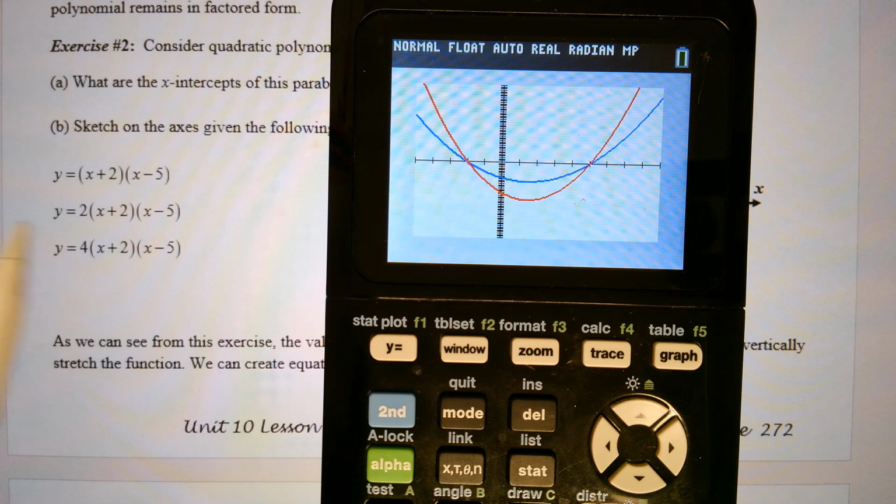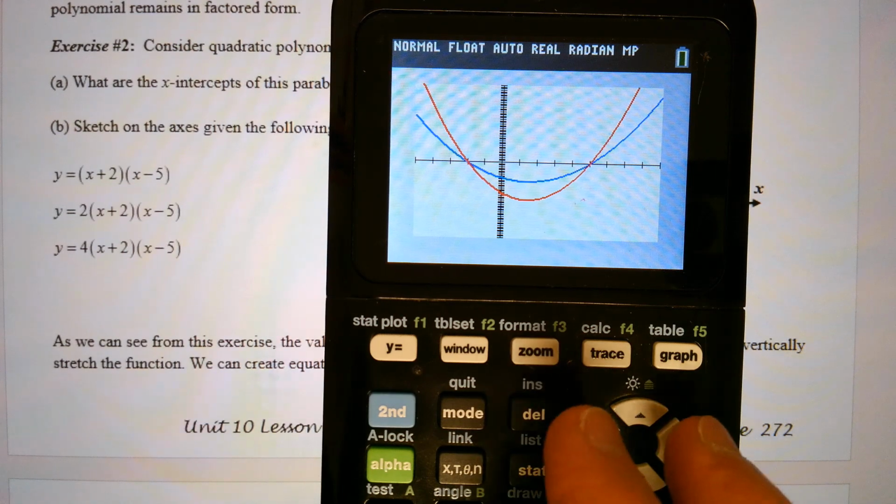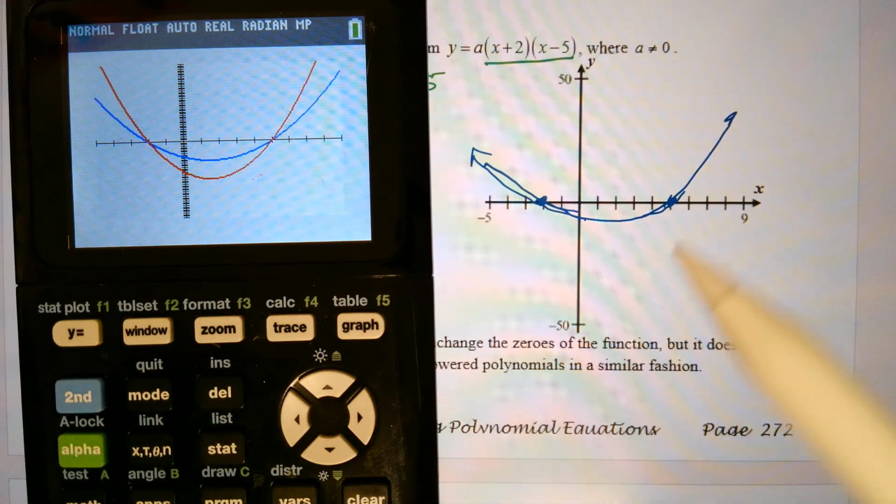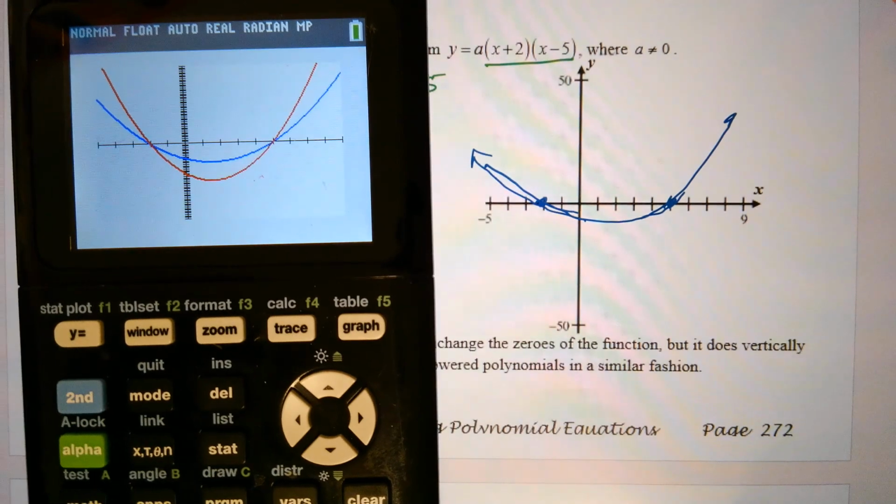We know it's like the transformation, a dilation of 2 to the y. So we recall from last unit, what's happening is it's like stretching.